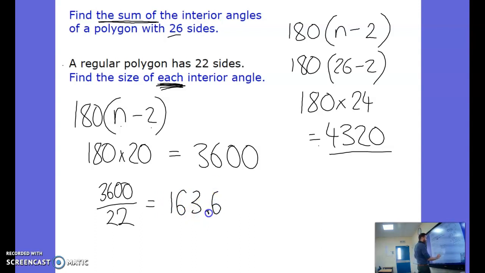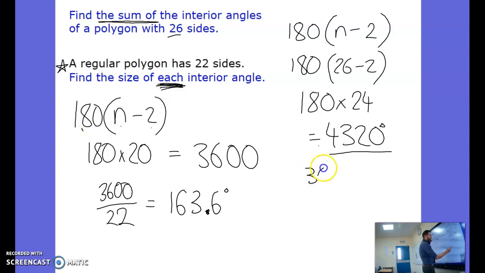163.6. And that is what each individual angle is, 163.6 degrees. And that's a way to do it. With this one, because it's a regular polygon, I could actually ignore this formula and use the exterior angles formula.